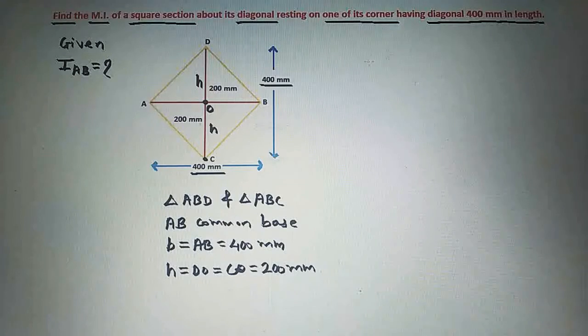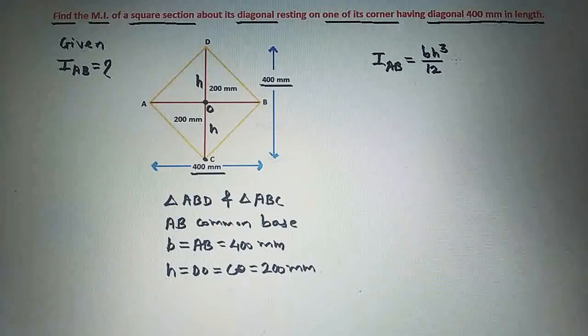As AB acts as a common base of triangle ABD and triangle ABC, we will find the moment of inertia of the triangle ABD about its base, that is IAB equal to bh cube divided by 12, and this moment of inertia IAB will be the same for triangle ABC also.